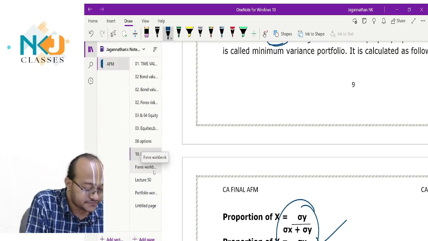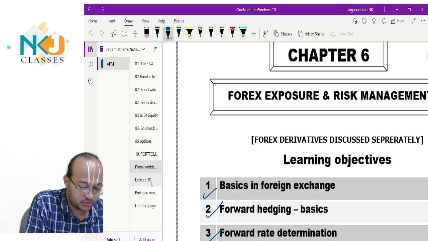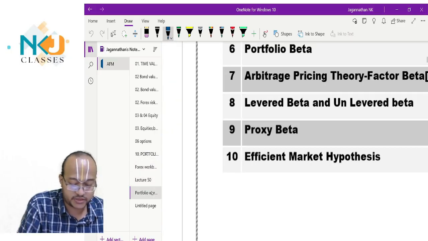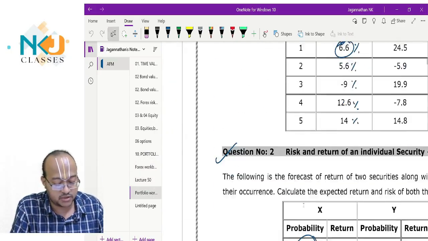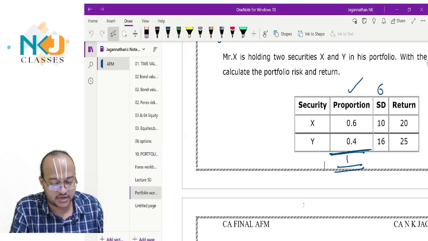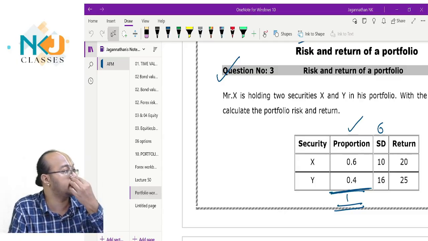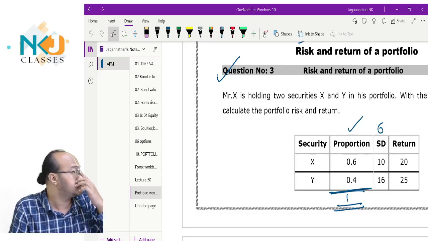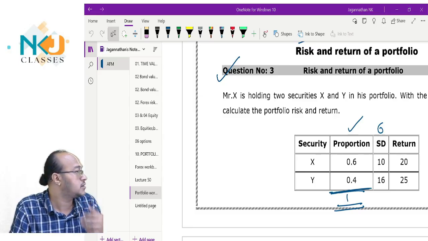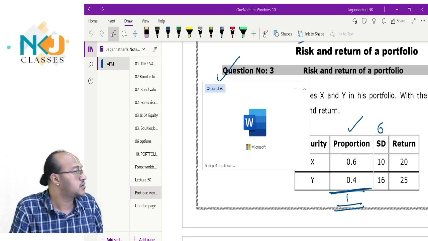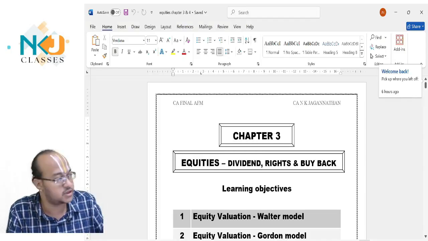Now we will continue solving questions. See here, take question number 3 for discussion. Yesterday we started question number 3. I think we have finished the risk completely, or is there anything pending there? Question number 3. Have you all noted all the solution?